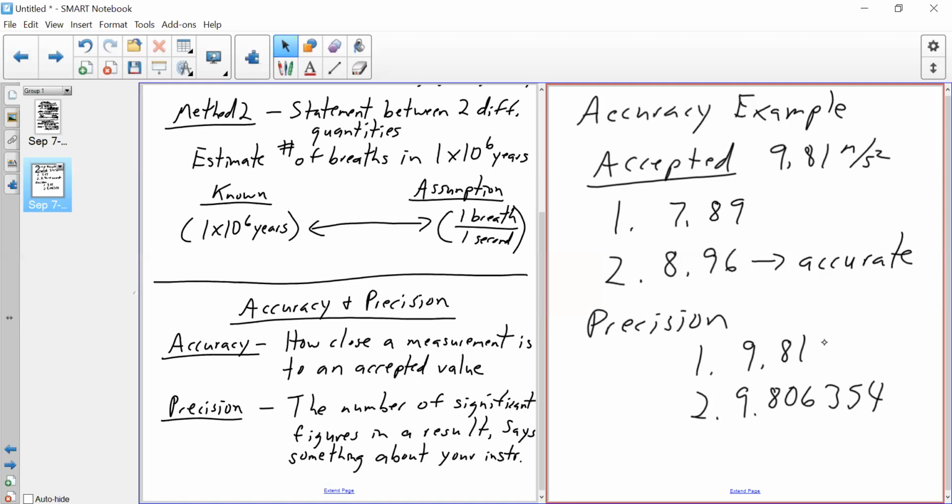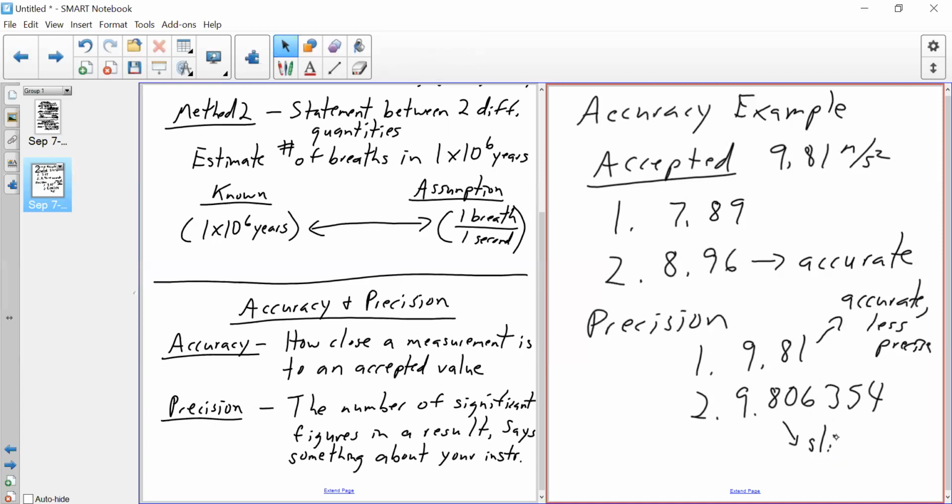And this one would be accurate, but less precise. And this one would be amazing, but slightly less accurate.